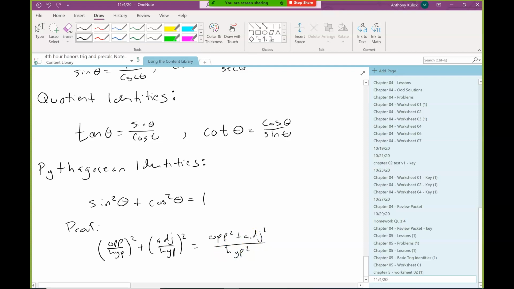It equals hypotenuse squared. Why is that true? That's just the Pythagorean theorem. And hypotenuse squared over hypotenuse squared is just 1. So there's our proof. That wasn't so bad. So that's our first Pythagorean identity.